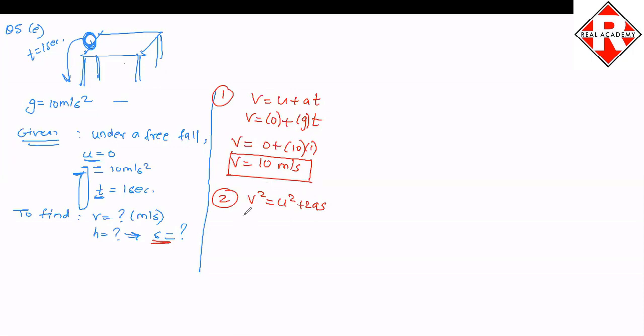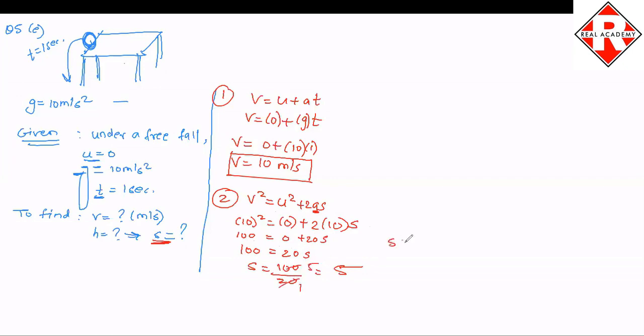Now I know V's value, that is 10 square, U is 0, A is the same as acceleration due to gravity, that is 10, S is to be found, correct? So this becomes 100 is equal to 0 plus 20S. 100 is equal to 20S. So S is equal to 100 upon 20, that is 5.